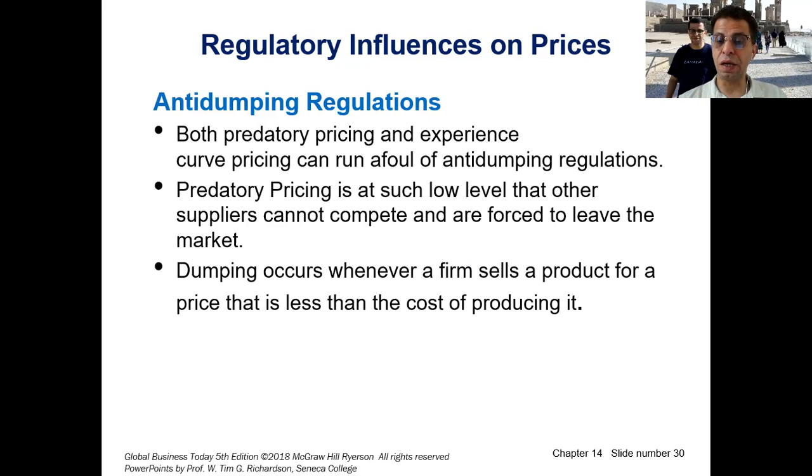Dumping occurs whenever a firm sells a product for a price that is less than the cost of producing it. With predatory pricing, your cost may be so low that your price is also low, and nobody can compete with you. Here, you price it below their cost, so nobody can compete with you.